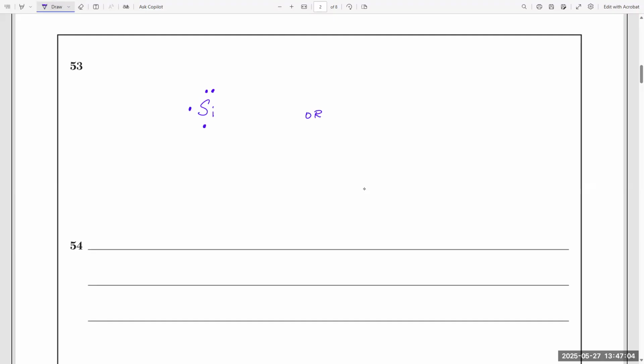Or, in the case of Regents, they will also be willing to accept something that looks like this, right? But I would try to stick to drawing it this way. Remember, the filling order is 1 and 2 together, and then 3, 4, 5, 6, 7, 8. Remember that.